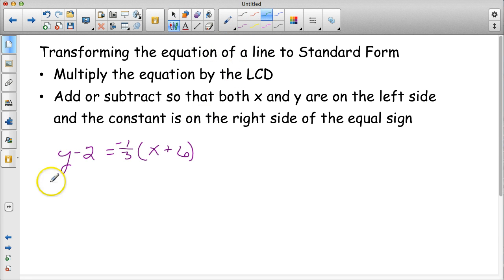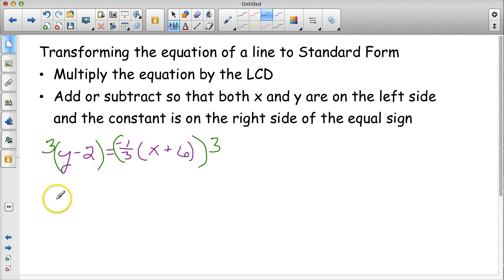As we look at our problem, we have y minus 2 equals negative 1 over 3 times the quantity of x plus 6. In other words, this is in point-slope form. I want to put it in standard form, and I have a denominator. So I'm going to multiply both sides of my equation by my denominator, which is 3. Now I have to do some distribution.